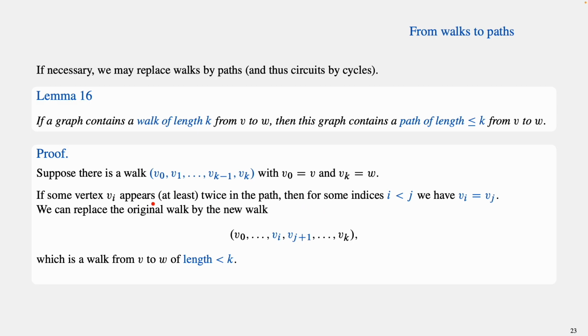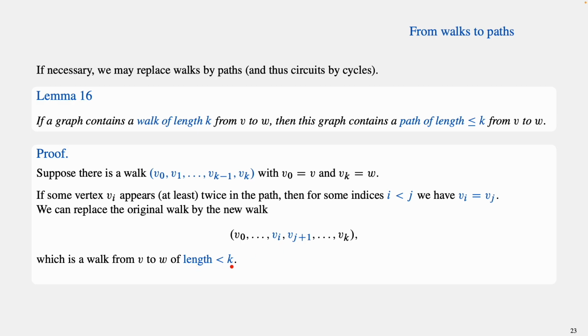And now we can replace the original walk by the new walk, v0 up to vi, and then we continue at vj+1 and go to the end vertex vk. So if the vertex vi appears twice, then we just cut out the whole bit of our walk up until the second appearance of vi, and we get a shorter walk by doing this, of course.